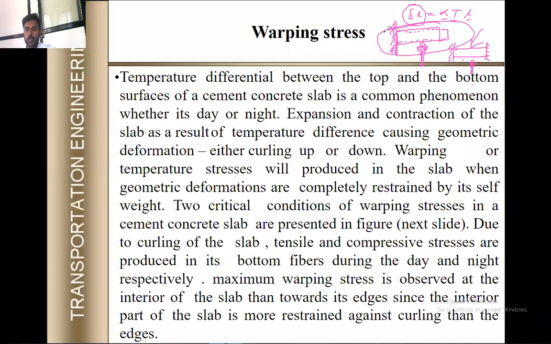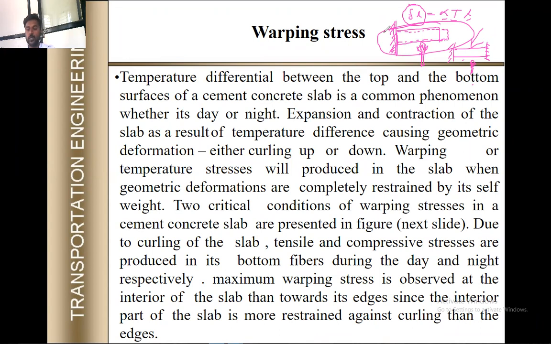So the two critical conditions of the warping stresses in the cement concrete slab are presented in the figure. It is given in the next slide. Due to the curling of the slab, tensile and compressive stresses will be developed at the bottom fiber during the day and night respectively.